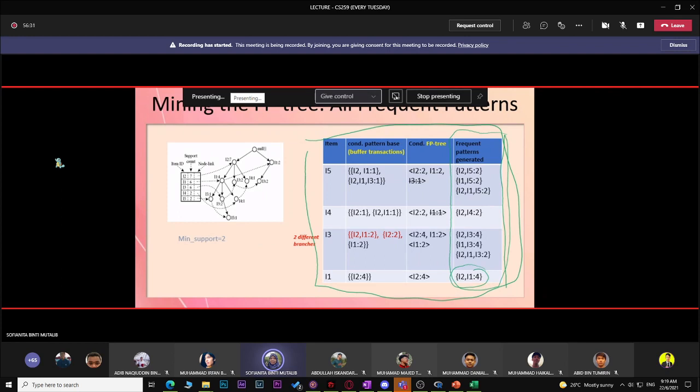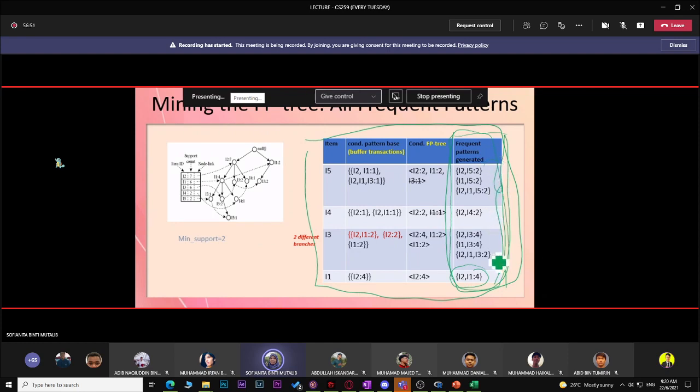Actually, all of these are the frequent patterns. Output. So ini adalah output dia lah. Ya, betul. This is all the output. Okay. Or we can say that these are all the frequent patterns.